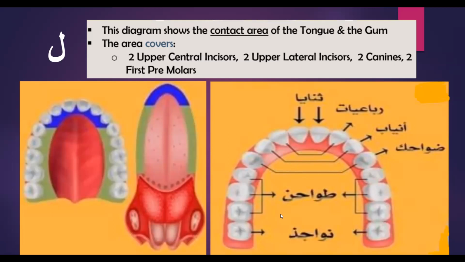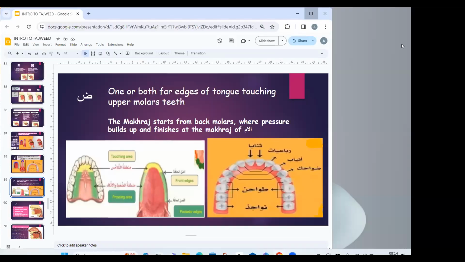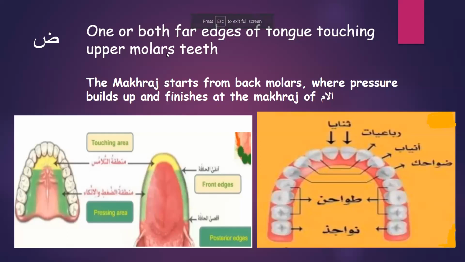Now we would move on to the next makhraj, which is the letter dad. The letter dad also comes from the side of the tongue, the edges of the tongue, hafat al-lisan we call it. One or both far edges of the tongue touching the upper molar teeth.